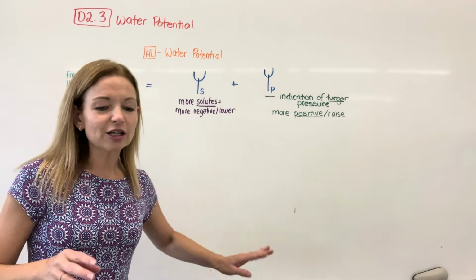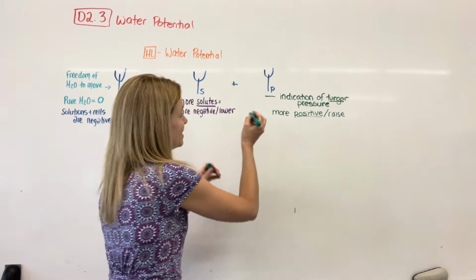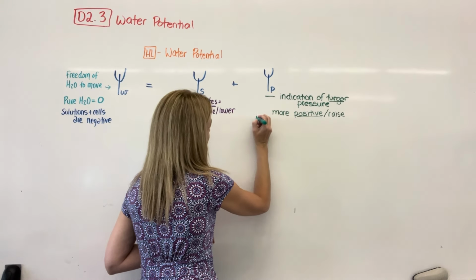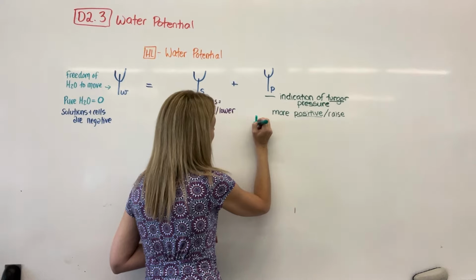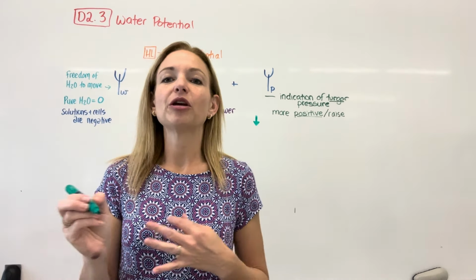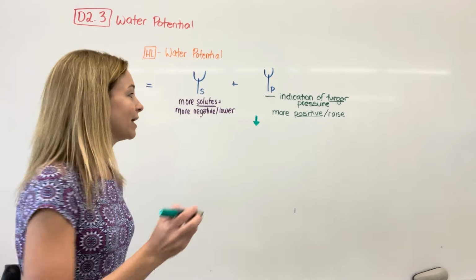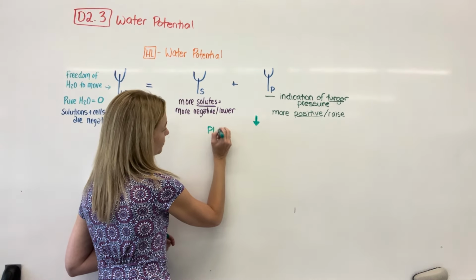Okay, so let's look at two applications of this. So one is related to this idea of pressure potential. And so because of pressure potential, it actually means that plant cells can reach equilibrium more with their surroundings. So they're more likely to actually reach equilibrium.